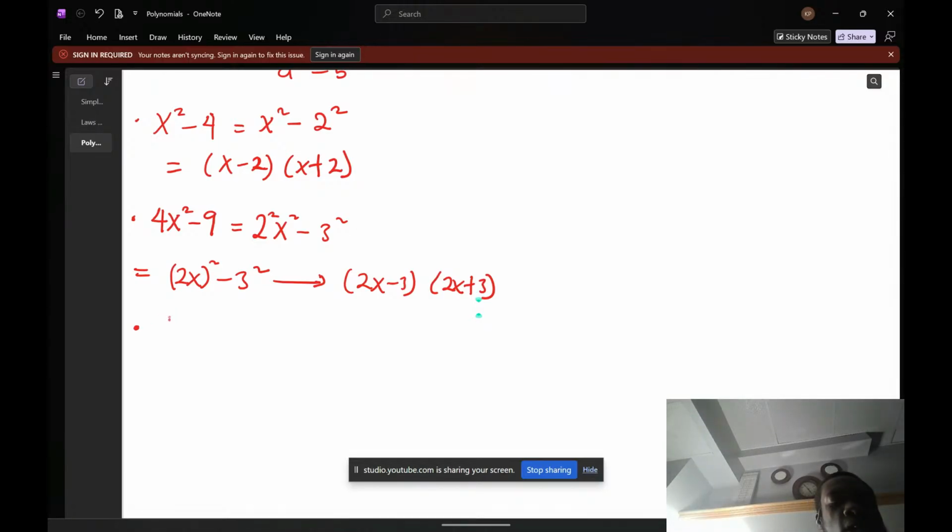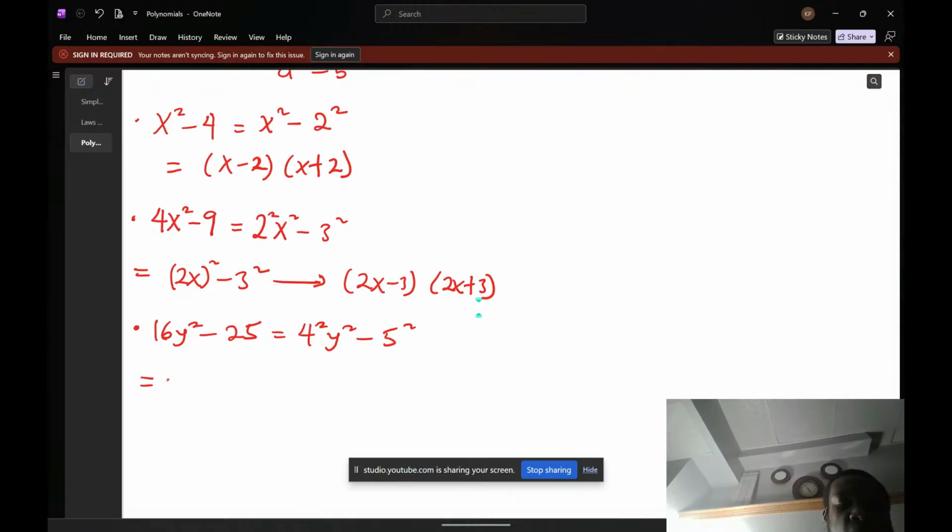So let's say we have 16y squared minus 25. Okay. 16y squared minus 25. So we can break it down like this: 4 squared y squared minus 5 squared.